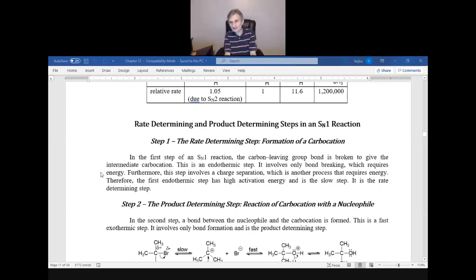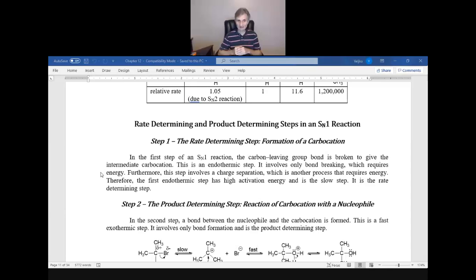Primary and methyl underwent SN2 reactions, while tertiary did not. So as you can see, it's only secondary substrates that can undergo both SN1 and SN2 reactions. For the rest, it's either SN1 or SN2, and that's always the first thing you look for. What is the nature of the substrate? Is it methyl, primary, secondary, or tertiary?